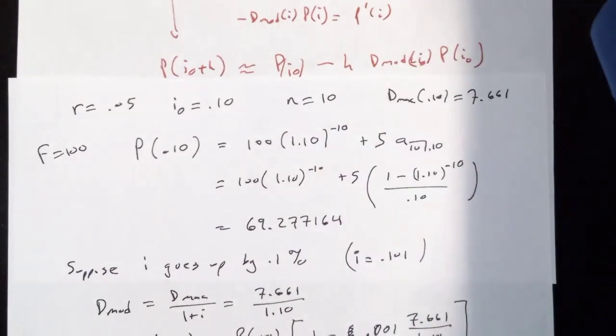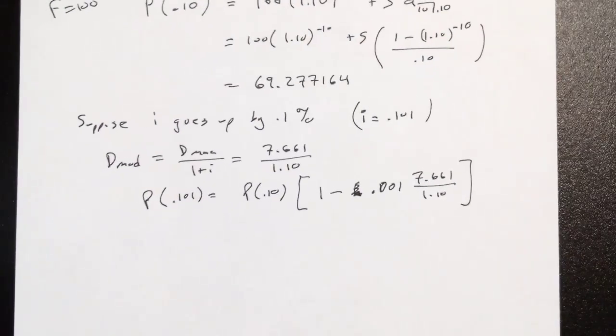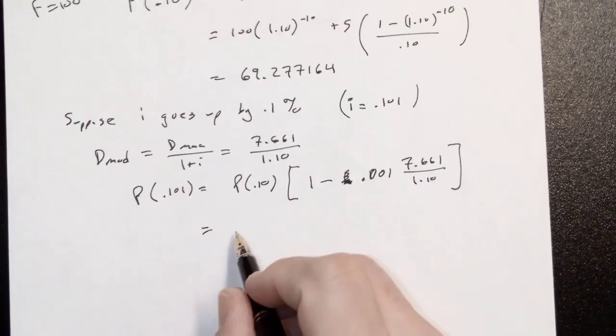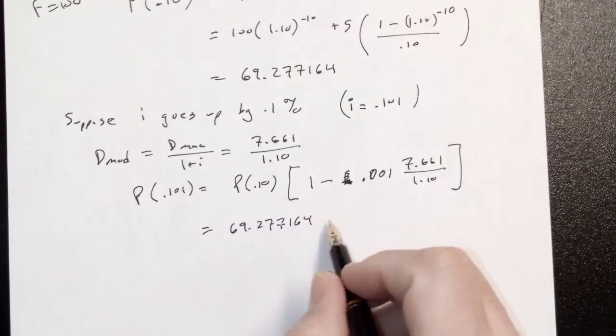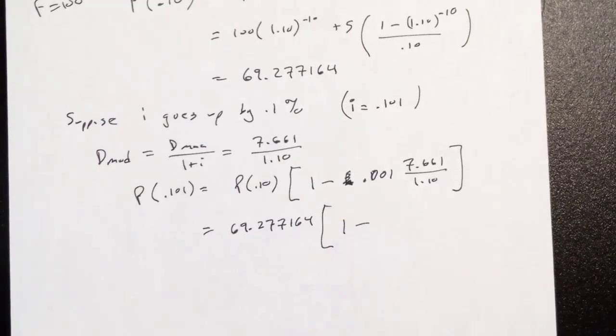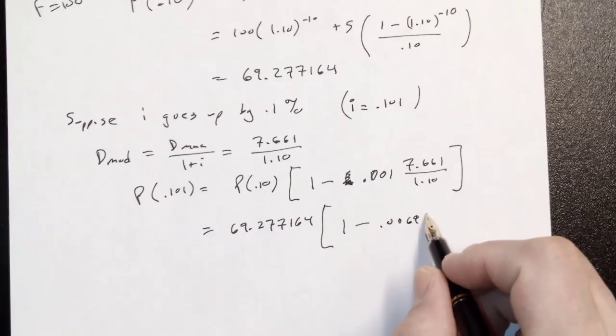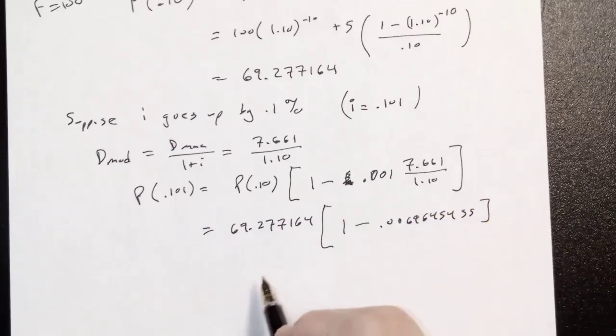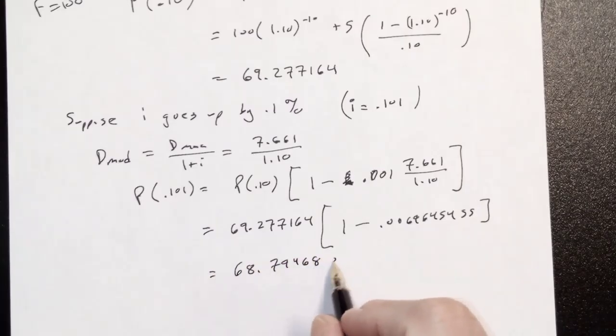I just factored the P of I0 out front. Again, I'm keeping all the decimal places here, 69.277164 times 1 minus 0.001 times 7.661 divided by 1.1. $68.794680.